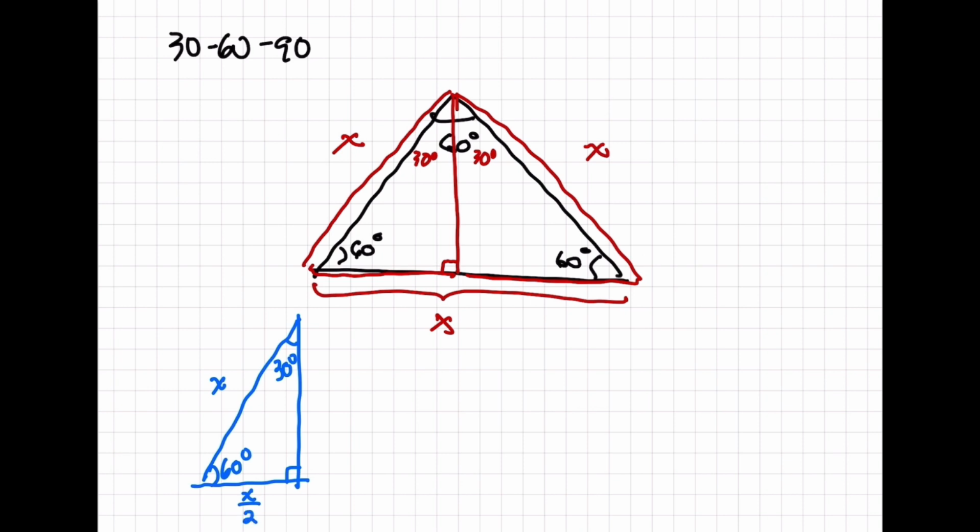Now, how can we derive the height here or the other side? Remember the Pythagorean theorem? So we have this formula here, a squared plus b squared is equal to c squared, where a and b are the shorter sides of the triangle and c is the longest, or what we call hypotenuse.